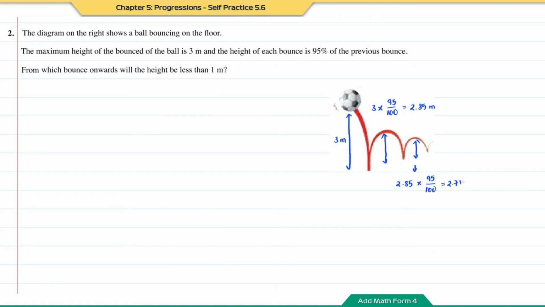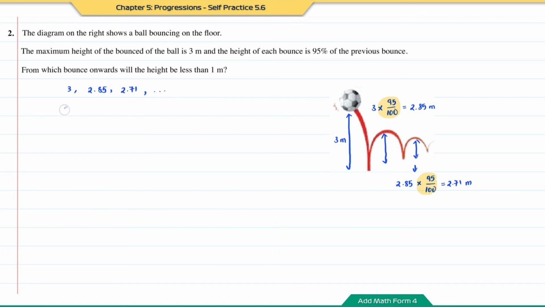So it will be 2.71 meters. If you look at the pattern here, you are multiplying a constant, which is 95 over 100 or 0.95, to the previous term. Therefore, the height of the bouncing ball will create a geometric progression. So it will start from 3, followed by 2.85, followed by 2.71, and so on.